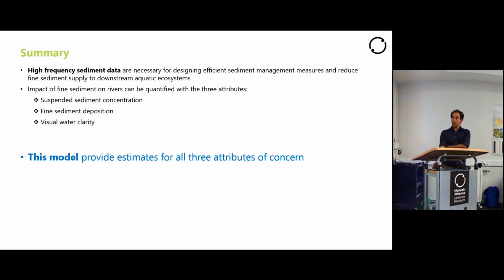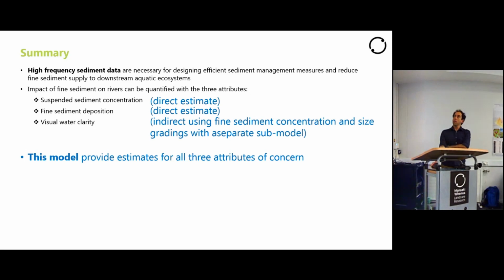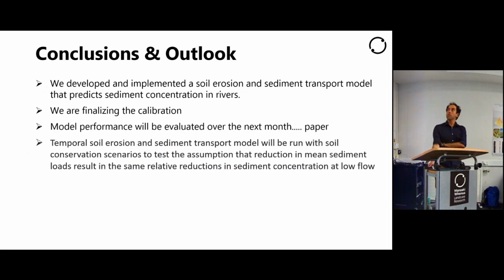And the model that we are developing provides the attributes for all these 3, by direct measurement of sediment concentration, direct measurement of fine sediment deposition, and indirect measurement of visual clarity by making a sub-model. I will hand over to John.